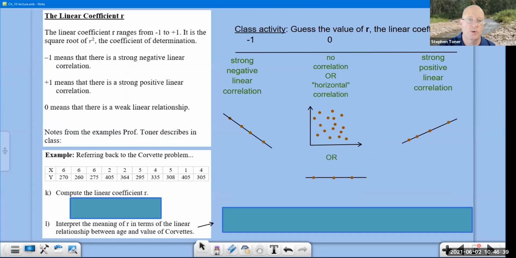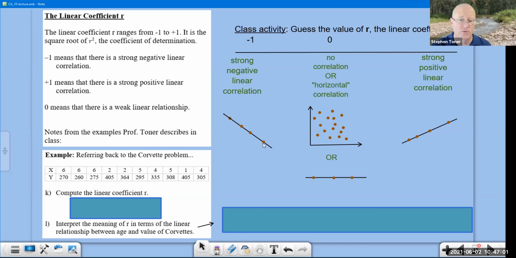Now, when I continue along here, now let's talk more about this value of R. R is the linear coefficient, and it goes from -1 to +1. And these sentences I have drawn over here in the picture at the right. When you have a -1, there's a strong negative linear correlation.